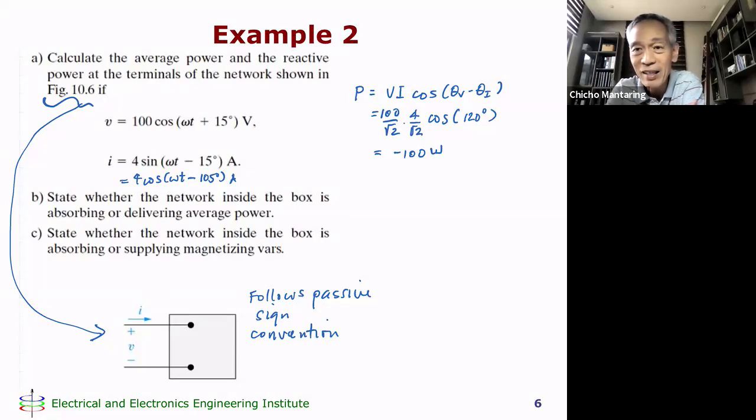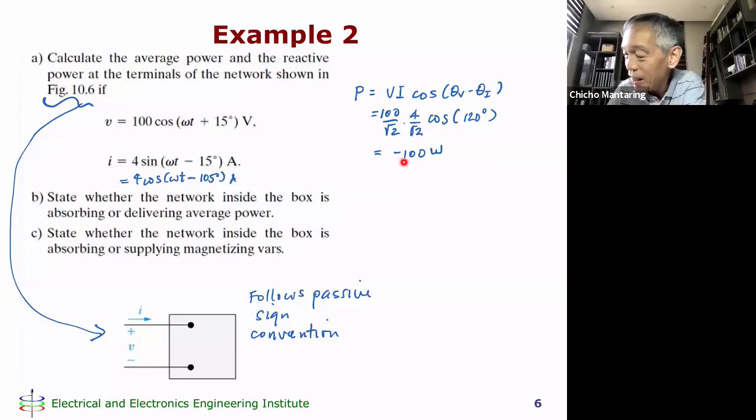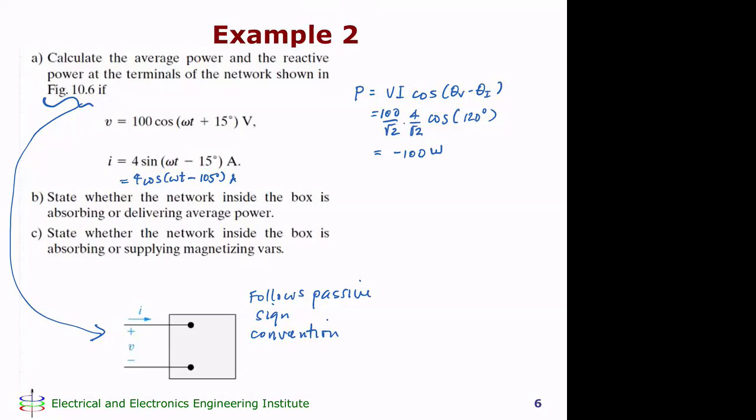John Edric, are you there? Sir, pa-repeat po ng question. Sorry po. Yung P lumabas negative 100 watts. Anong ibig sabihin itong negative na P? Sir, nagde-deliver po ng power?